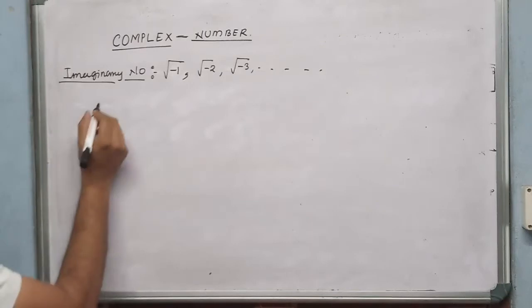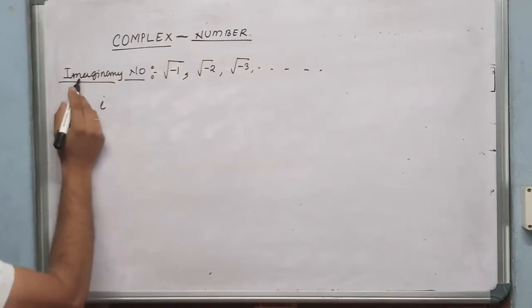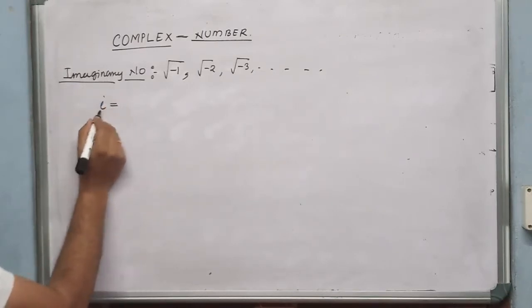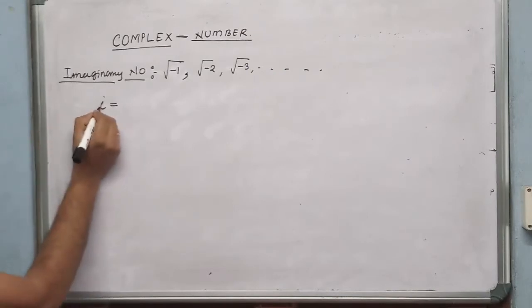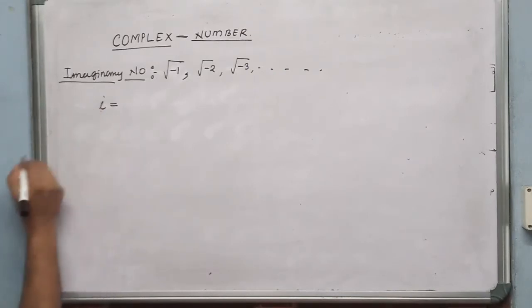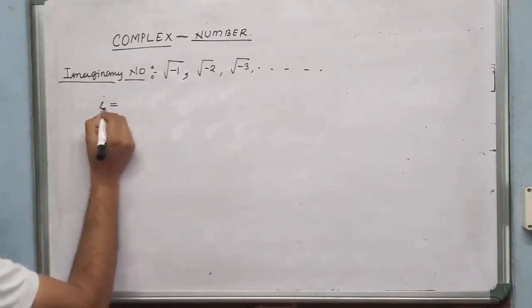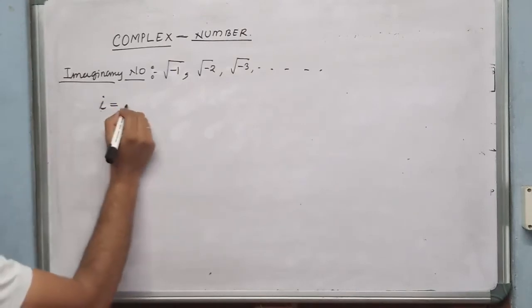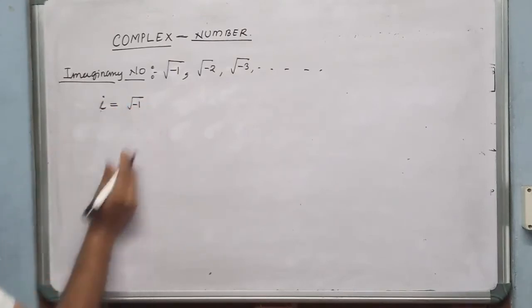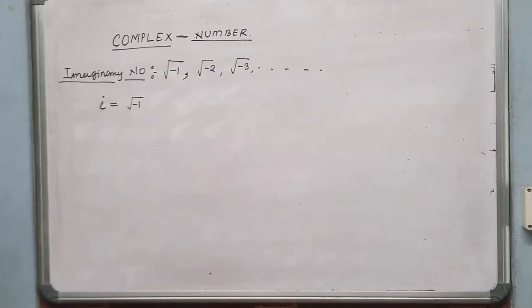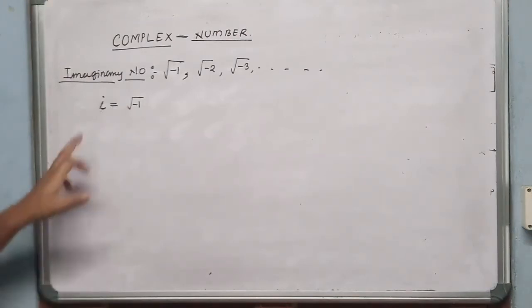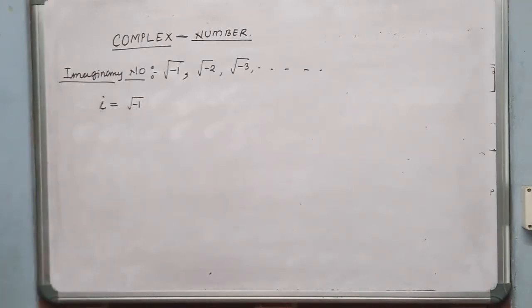So in mathematics, the imaginary number is represented by i. i means imaginary number, or we can say iota. And i is equal to under root -1. You just have to remember this value, the value of i. i is equal to under root -1.